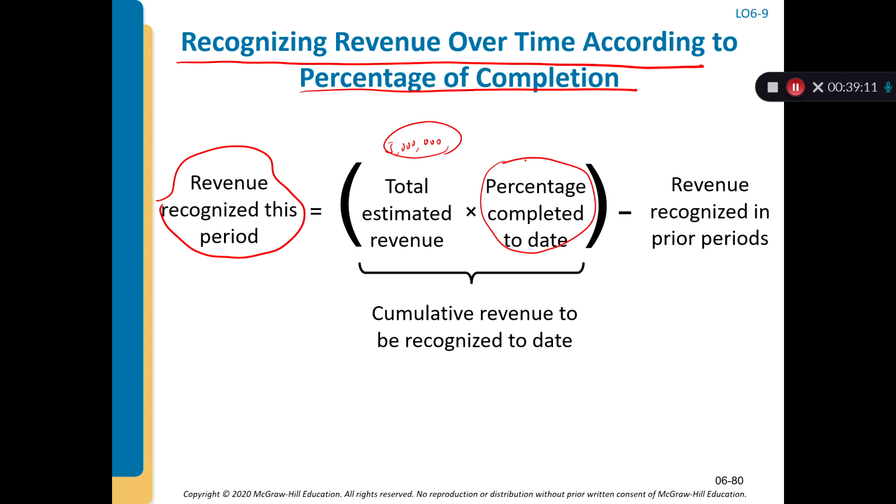This we call the cumulative revenue to be recognized to date, and then minus the previously recognized revenue, and then you get the current period recognition.